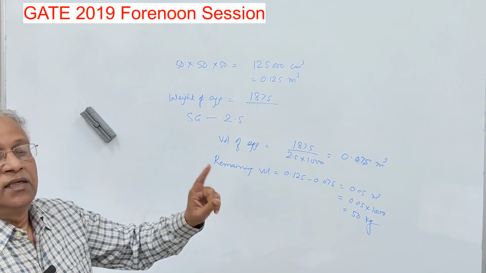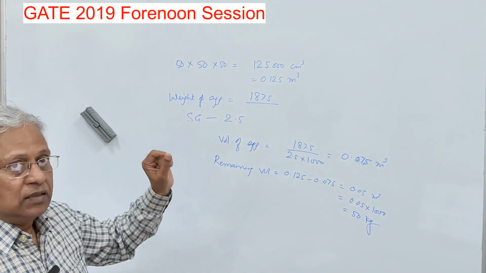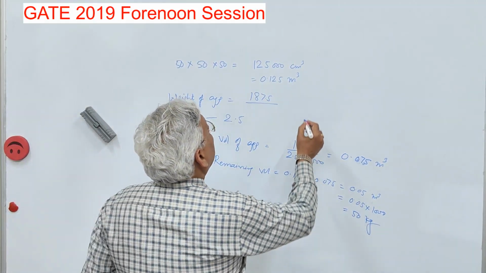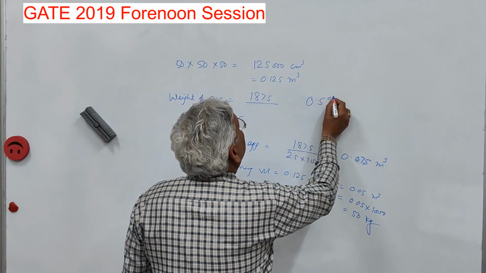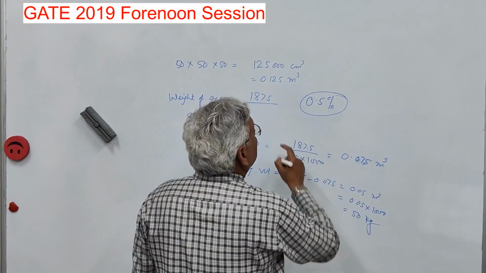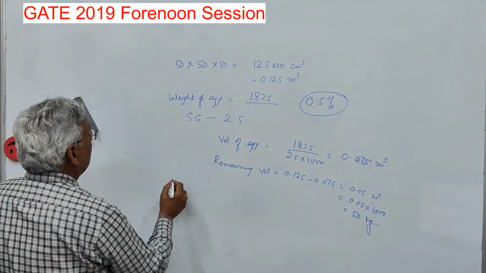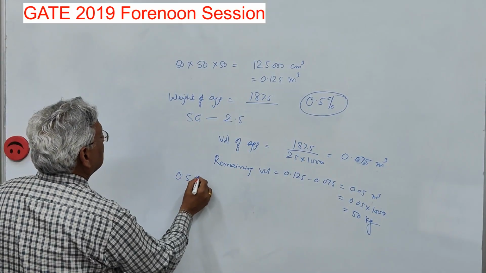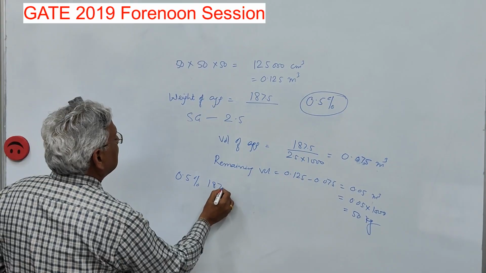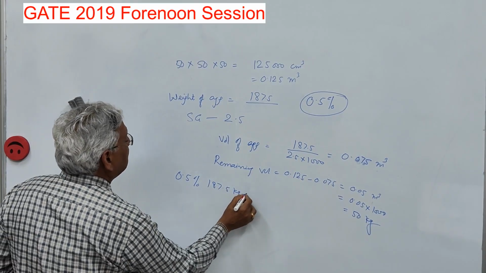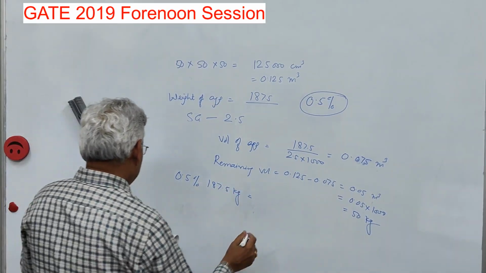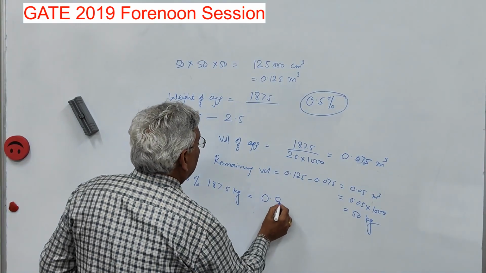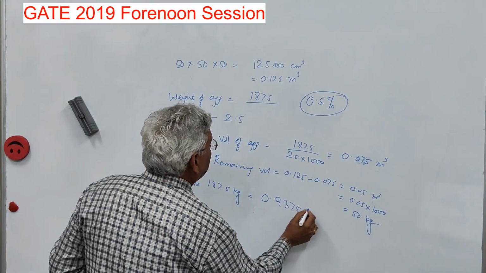And because 0.5% is the water absorption of aggregate, so 0.5% water will be absorbed by the aggregate when you fill it with water. So what is 0.5% of 187.5 kg of aggregate? That is 0.9375 kg.